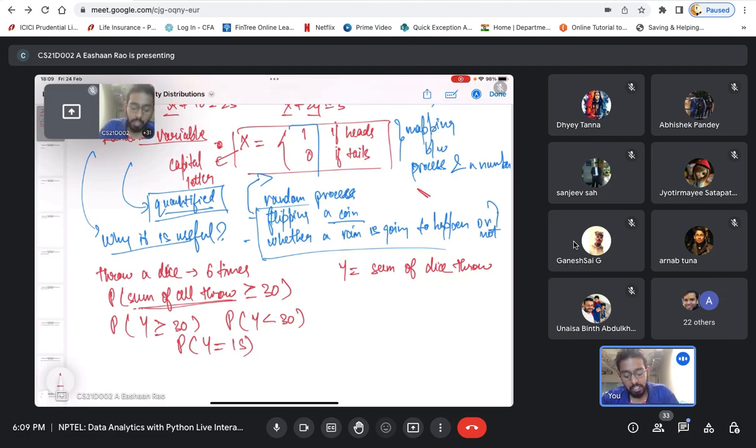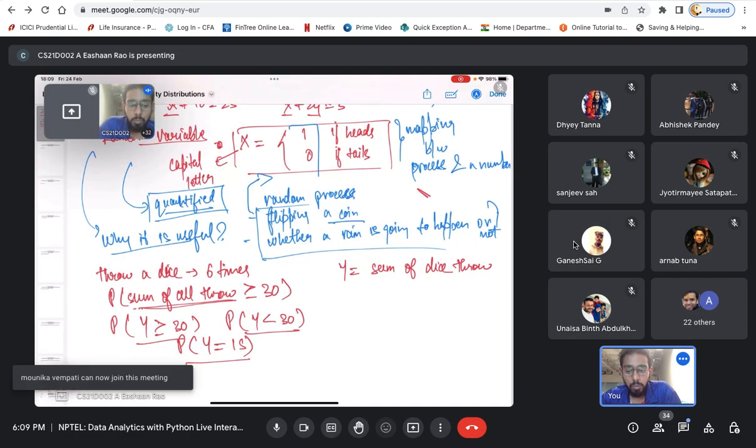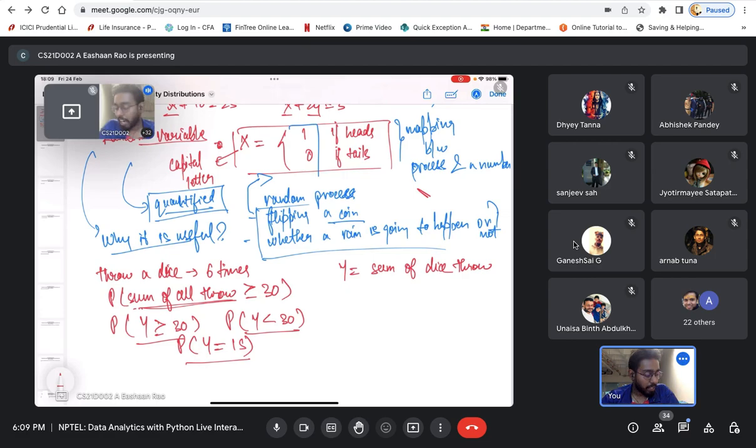So it is giving us a shorter notation to understand what event we are going to observe, and how we are going to utilize it to solve the problem. Okay, so it's basically for better understanding that we are using a random variable.